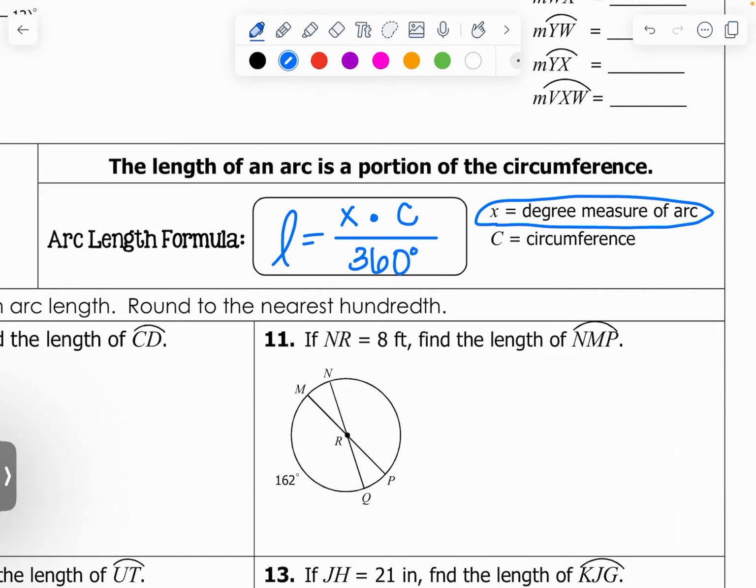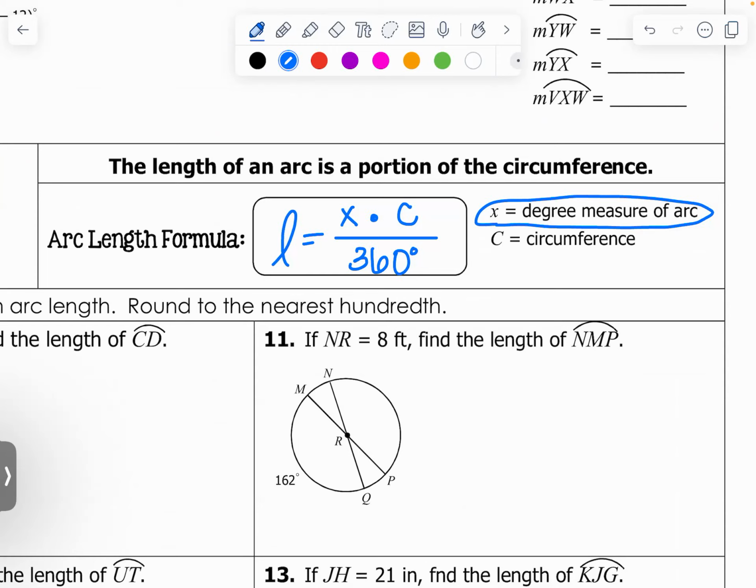This angle over 360 is essentially giving us a fraction for how much of the whole circle we have. And then we multiply that by the circumference. The circumference is the whole thing. So let's multiply it by whatever fraction of the circle that we have, is how that formula works.